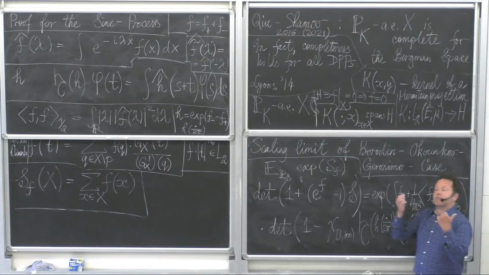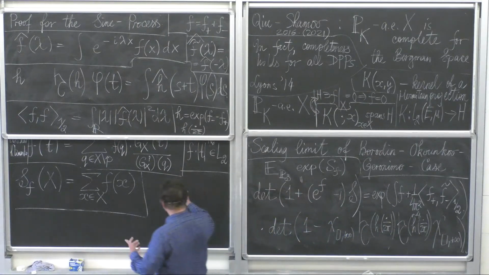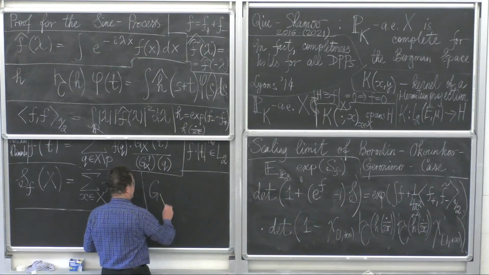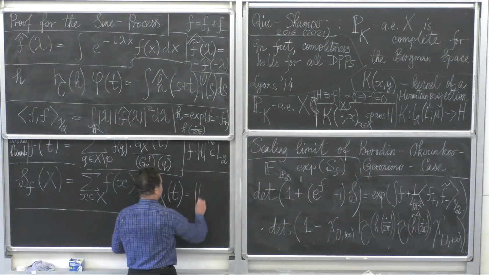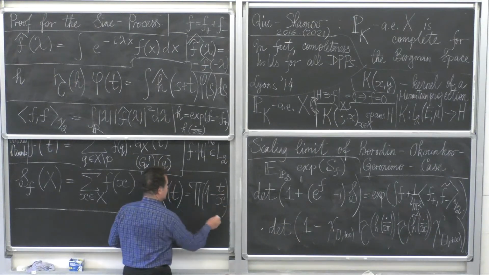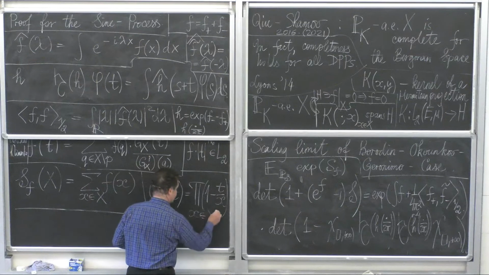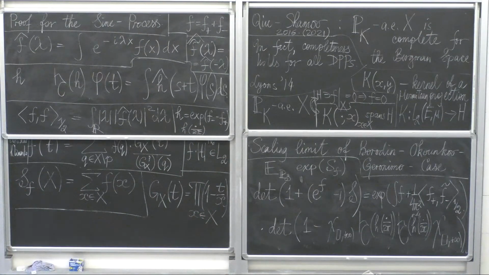So again, what is my aim? I'm investigating the function g x of t, the scaling limit of the characteristic polynomial. Of course, I take the logarithm, and instead of a multiplicative functional, I consider an additive functional.